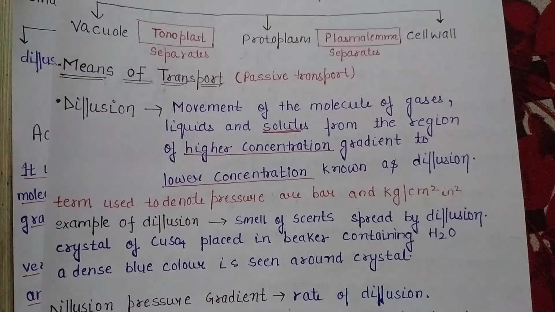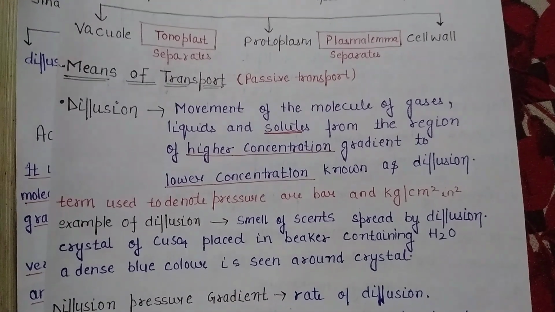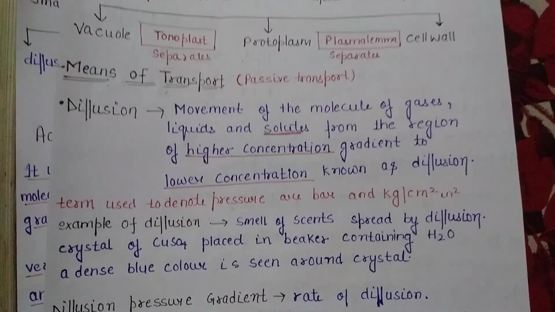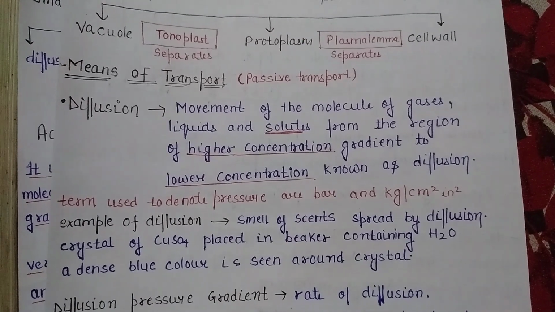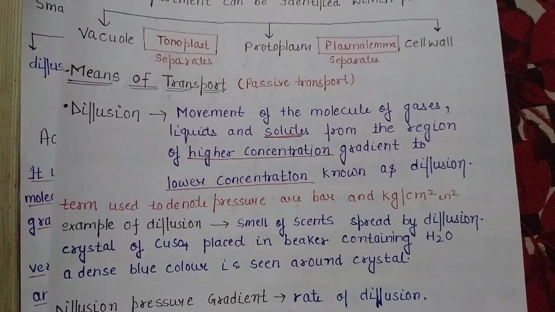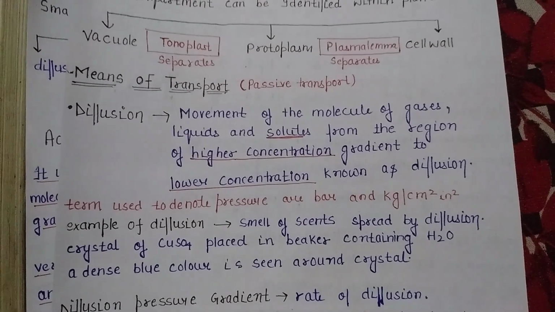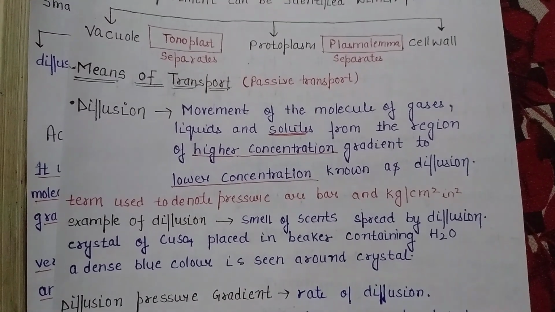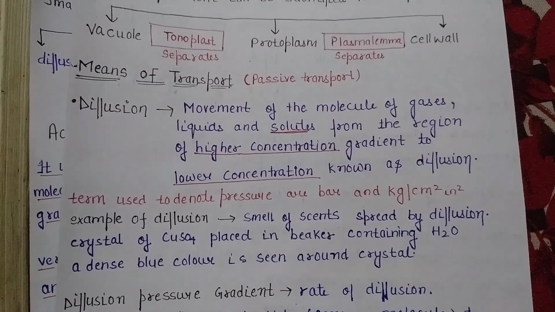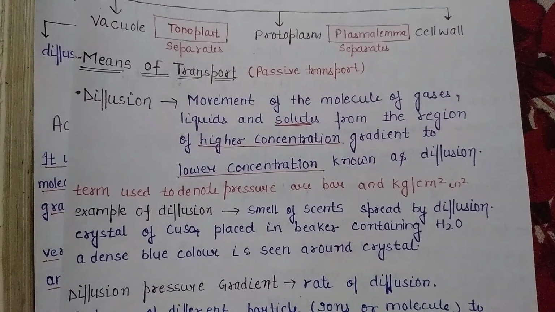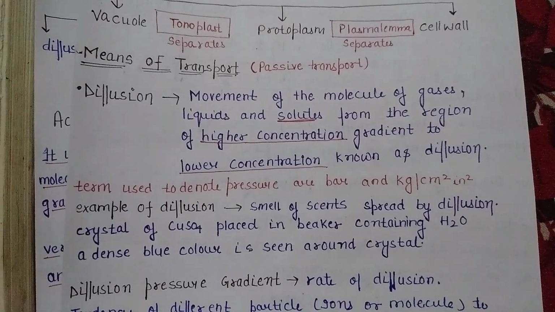And the diffusion pressure unit is bar. An example of diffusion is that the smell of scent is spread by diffusion, and if we dissolve a crystal of copper sulfate placed in a beaker containing water, a dense blue color is seen around the crystal. That is an example of diffusion.